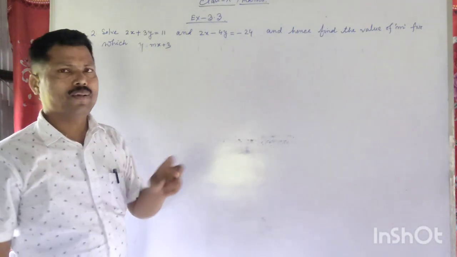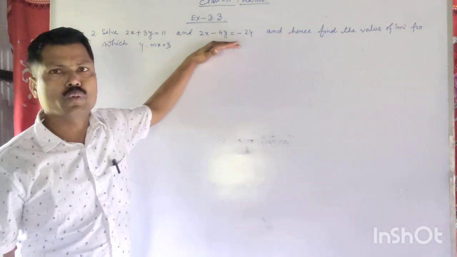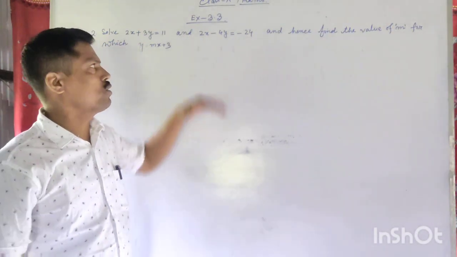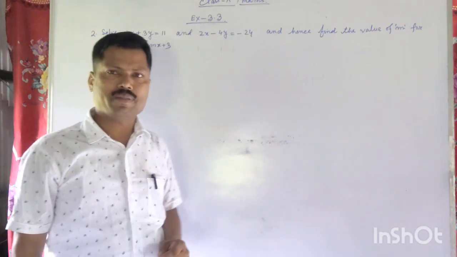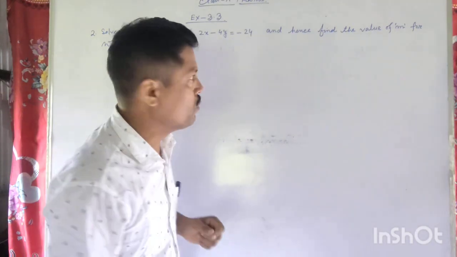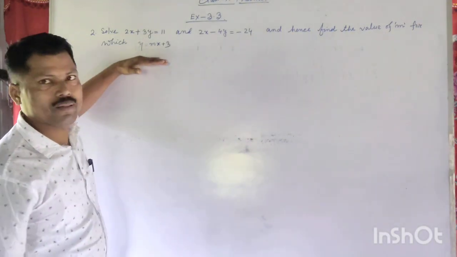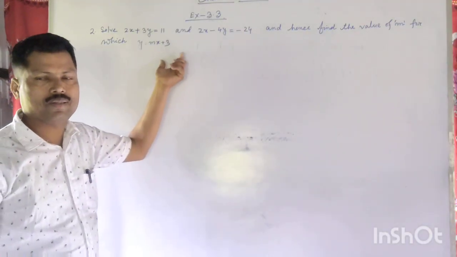So first part, there are two parts here. One part is first we have to solve these two linear equations. After solving these two linear equations, we will get the value of x and y, and in that x and y value we have to put just in this third equation, that is y is equal to mx plus c.